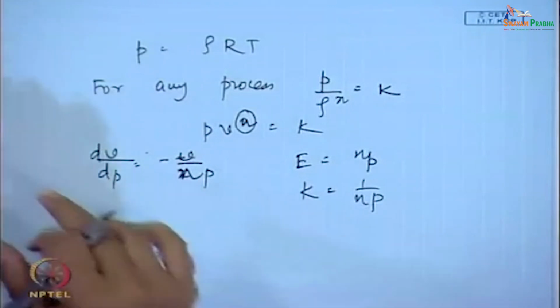Now, for a fluid at rest, what happens? Its density or its specific volume changes with pressure. We can define it either with the bulk modulus of elasticity or with the coefficient of compressibility.